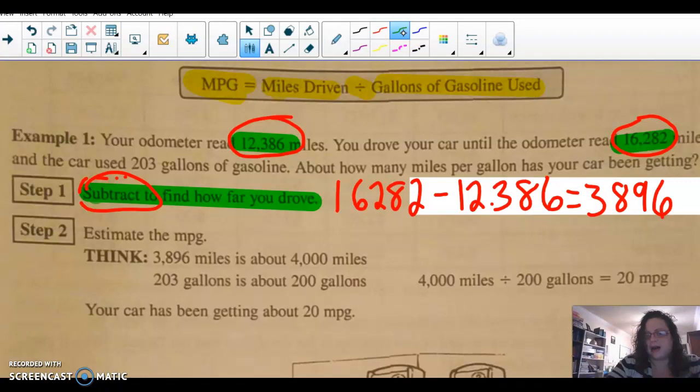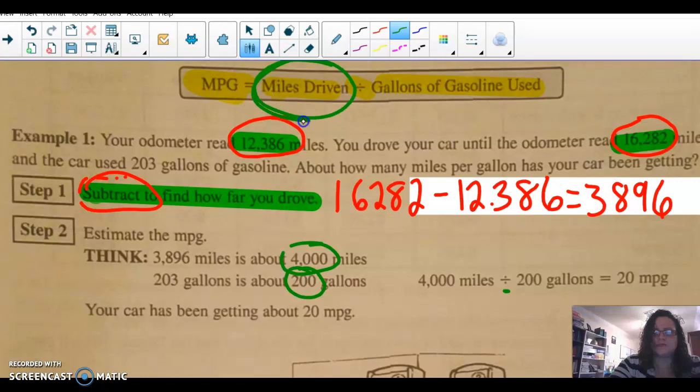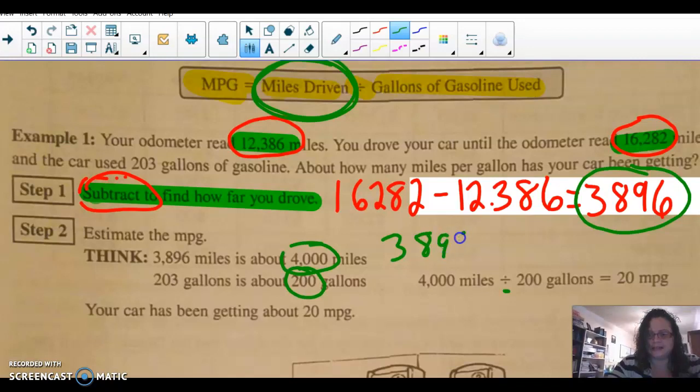They estimated the numbers. They estimated 4,000 and they estimated 200, and then those are the numbers that you divided. We're going to actually use the actual numbers. So remember, we have to do miles driven, which is what we got in step one, 3,896.